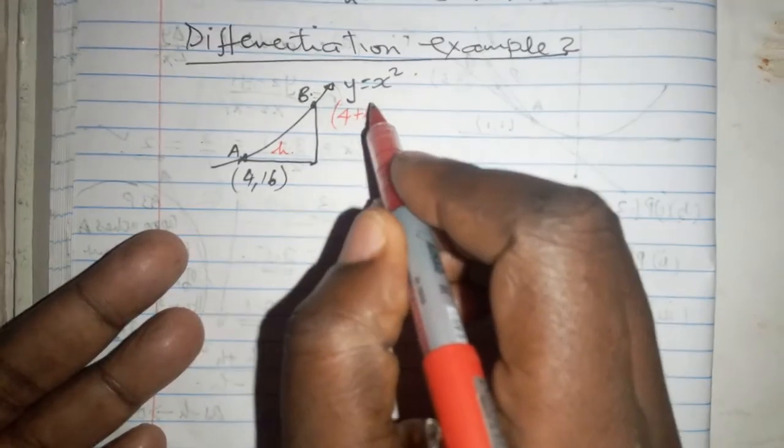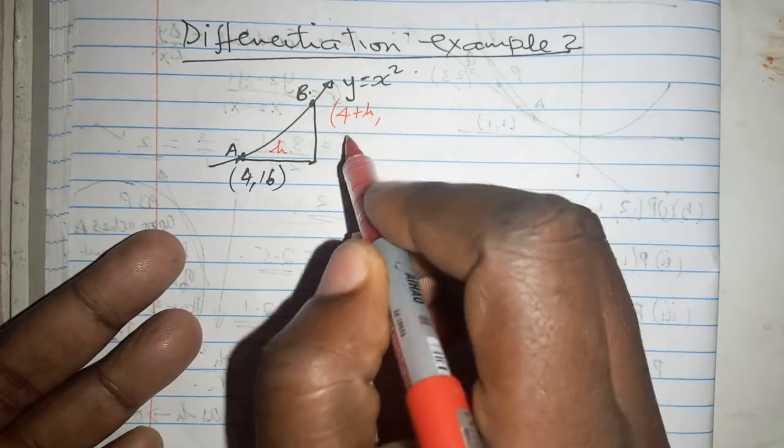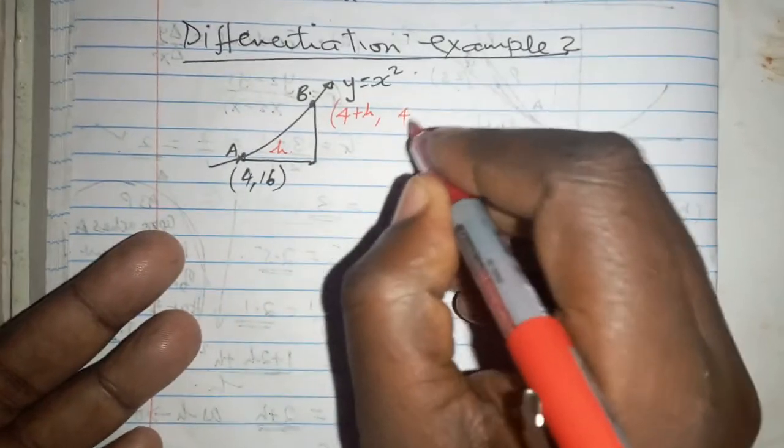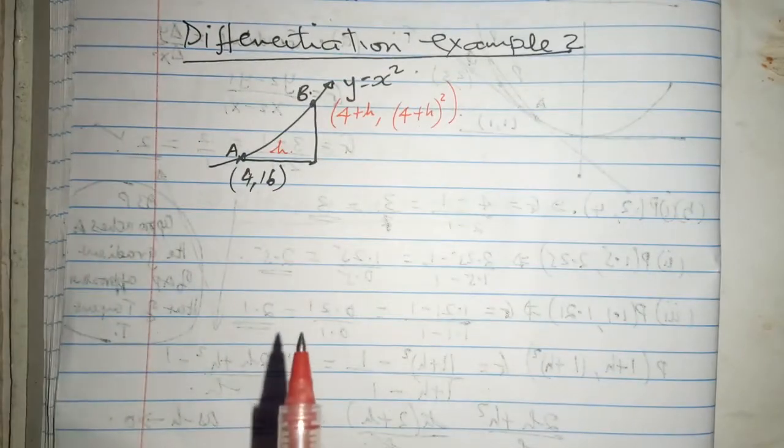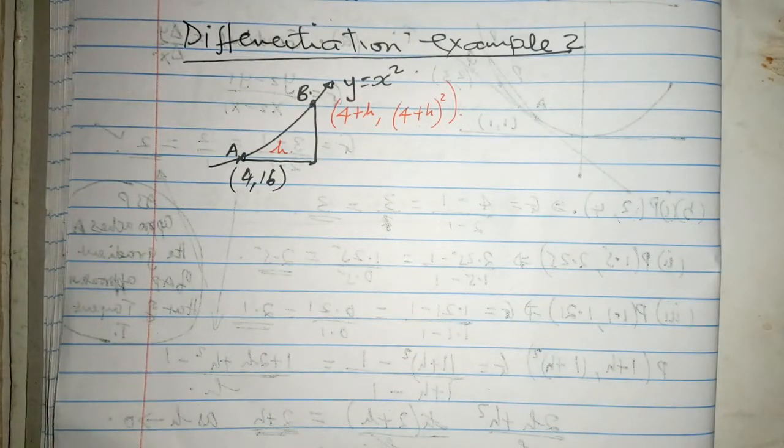So y here should be x squared, and what is x? 4 plus h, which is squared. Those are the coordinates of point B, so to speak.